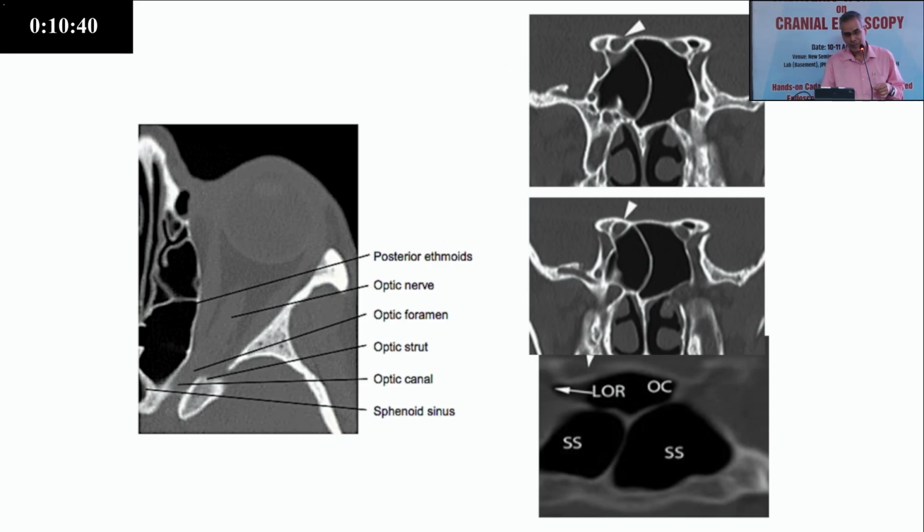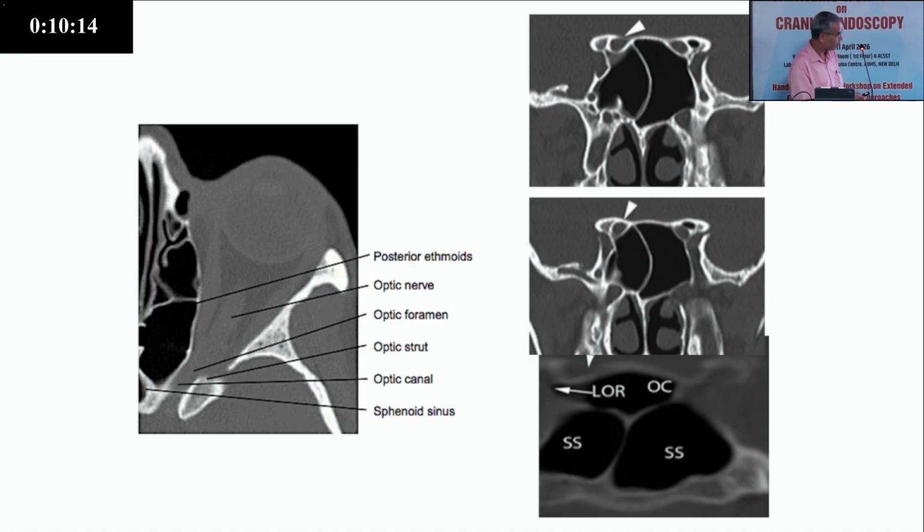And this is on scan. If you see, this is the lamina papyracea, medial rectus, lateral rectus, optic nerve, and this is the optic canal. This is the optic canal, okay, and this is the thickest part.